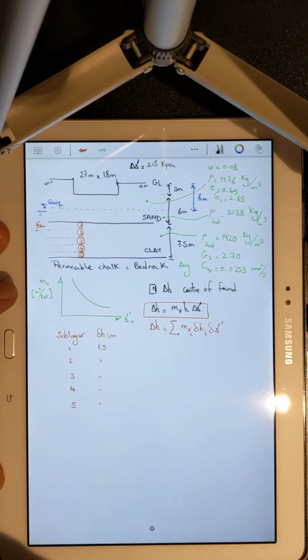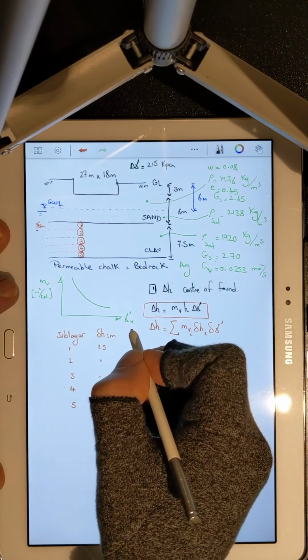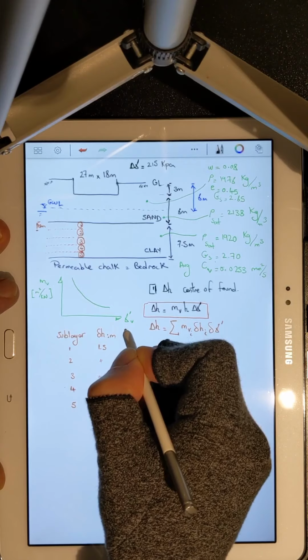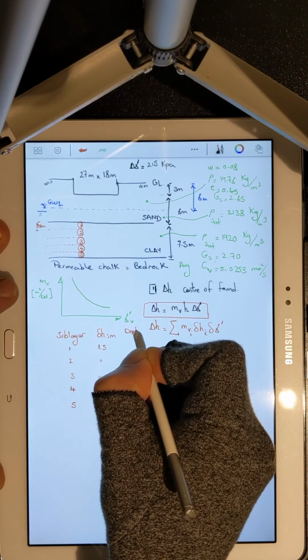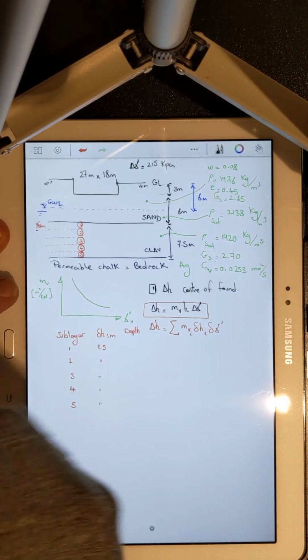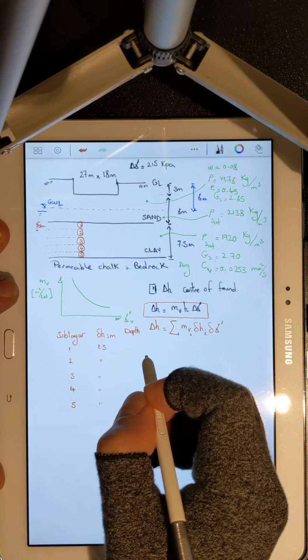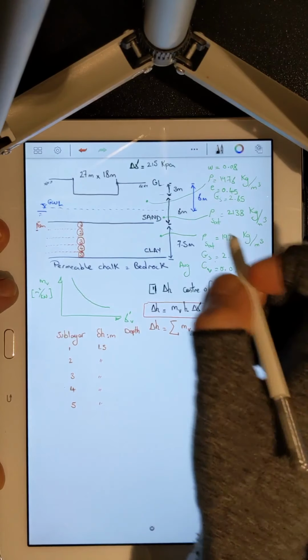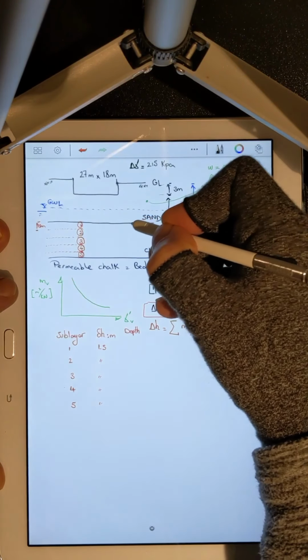I can say that the depth of each of these sublayers below the top of the clay soil, so the depth below the top of the clay soil, let's use Z here.